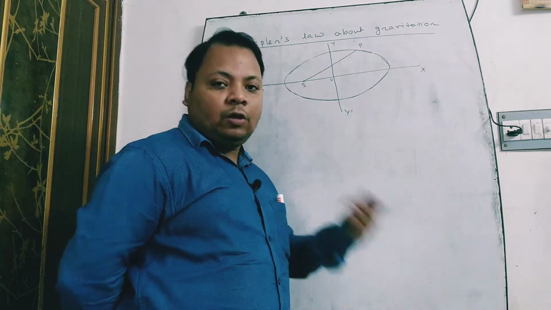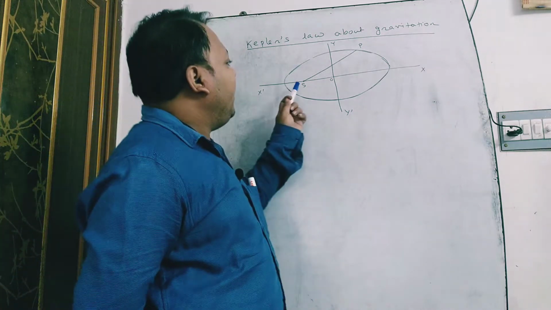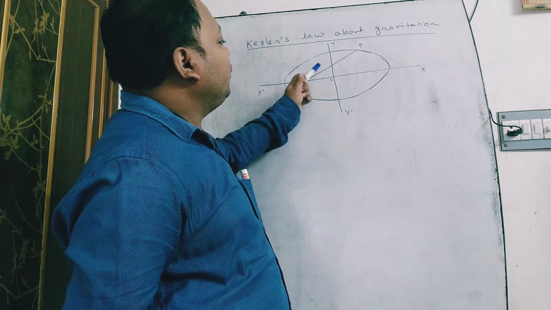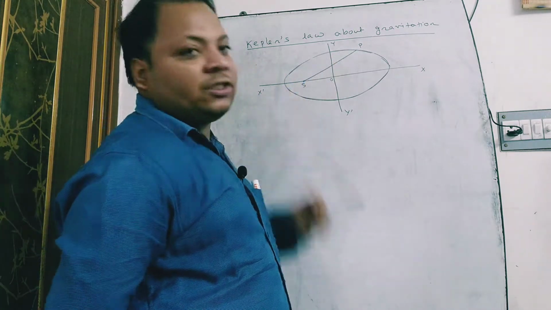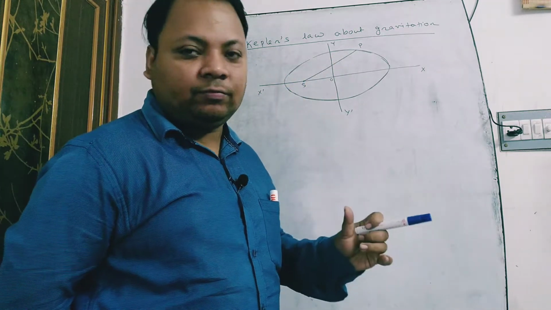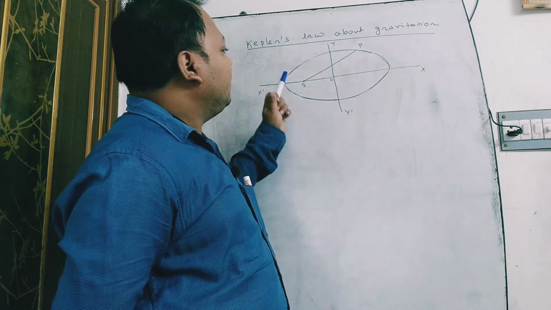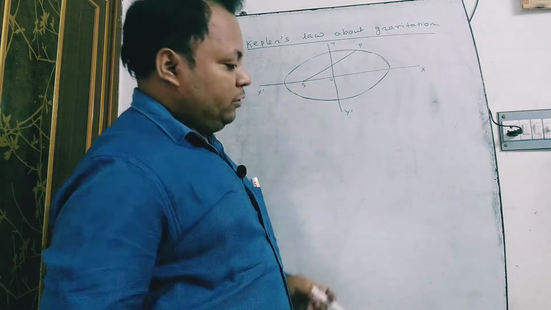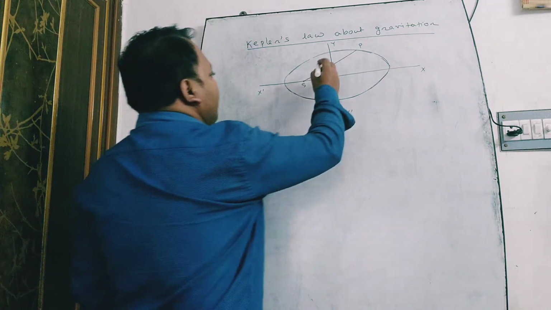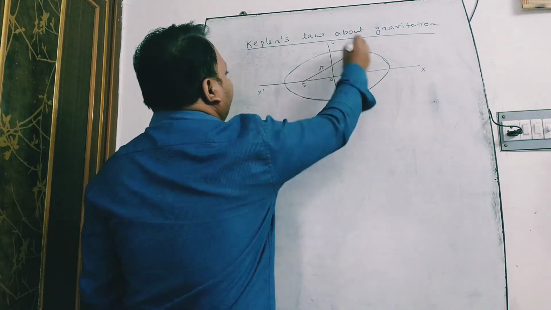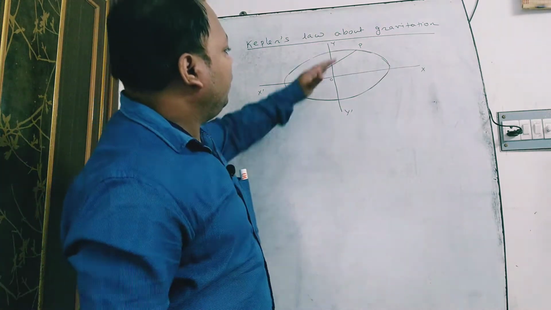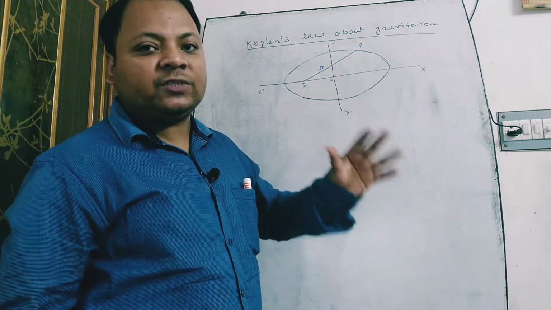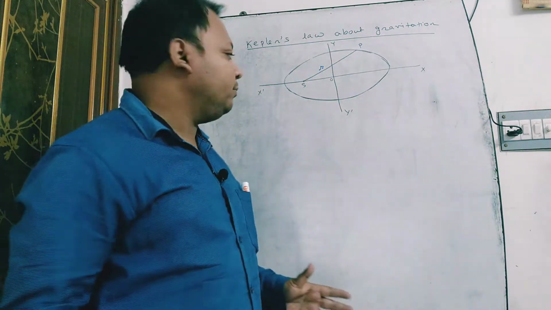Second law: the areal velocity of the position vector of the planet with respect to the sun is constant. That is, the position vector SP, that is r, covers the same area in the same time duration.